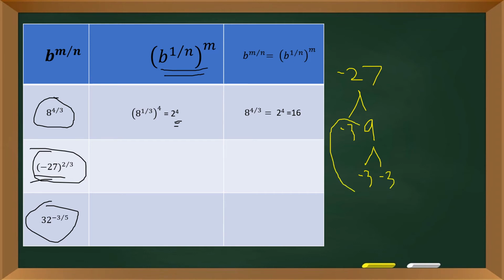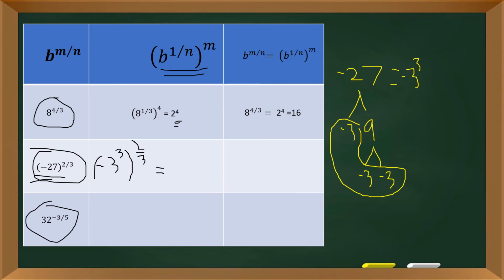So using the prime factors, negative 27 is negative 3 raised to 3. Therefore, negative 3 raised to 3 raised to 2/3.